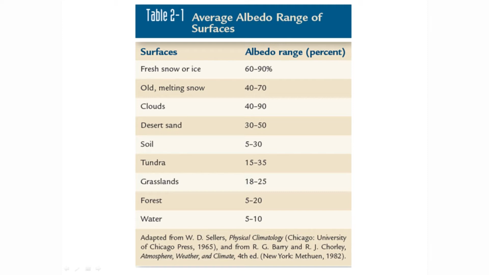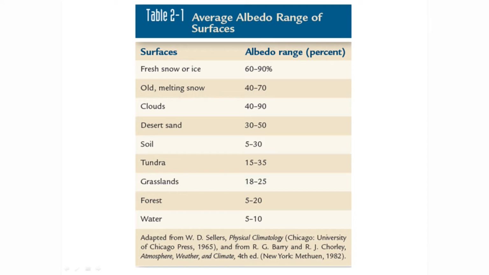Desert sand has 30 to 50%. Clouds, depending on whether it's a dark cloud or the cloud top temperature is very cold, can be very highly reflective at 90% or lower at 40%. Soil is much darker. Water depends again on the angle of the solar radiation coming in. As I said, the sun glint will be high if the angle of incidence is very high, and so on. So these are the range of reflectivities.